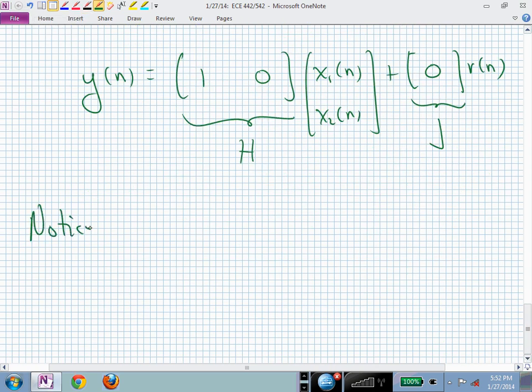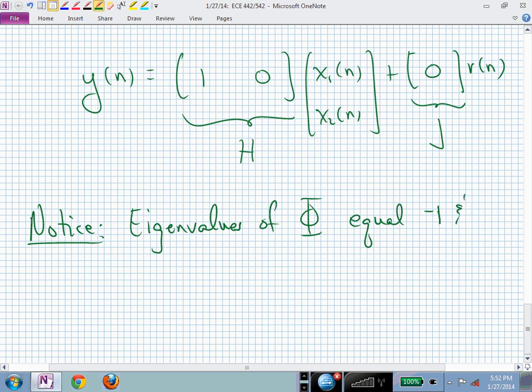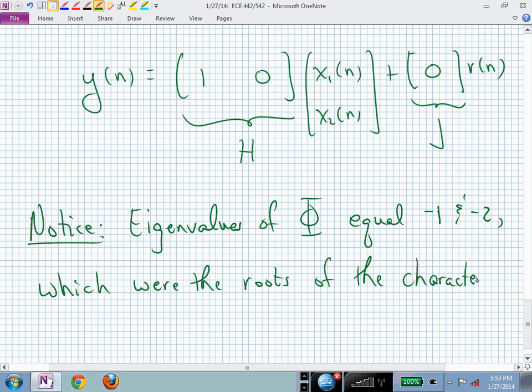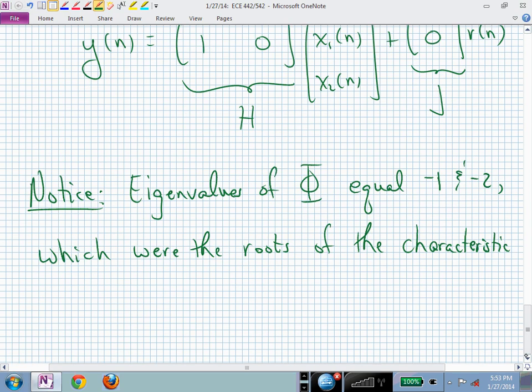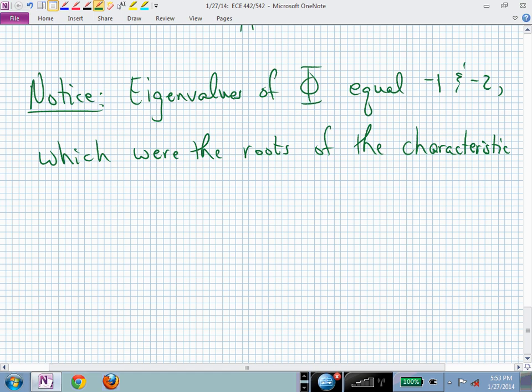Notice that the eigenvalues of our system matrix, which we were calling phi, equal -1 and -2, which were the roots when we were solving that homogeneous difference equation.